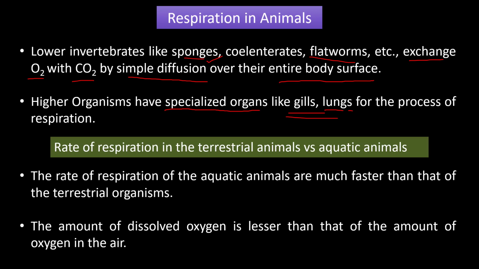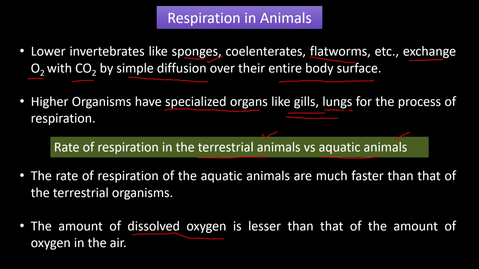Here you have to understand that the rate of respiration is different in both the terrestrial and aquatic organisms. The rate of respiration in the aquatic animals is typically faster than that of the terrestrial animals. What is the reason behind it? The amount of the dissolved oxygen. The amount of dissolved oxygen in the water is typically lesser than that of the amount of oxygen in the air.